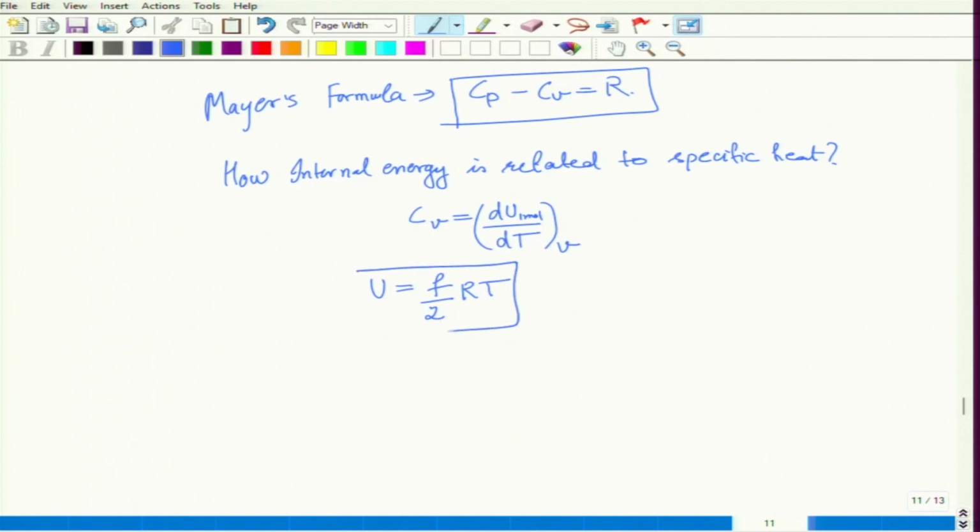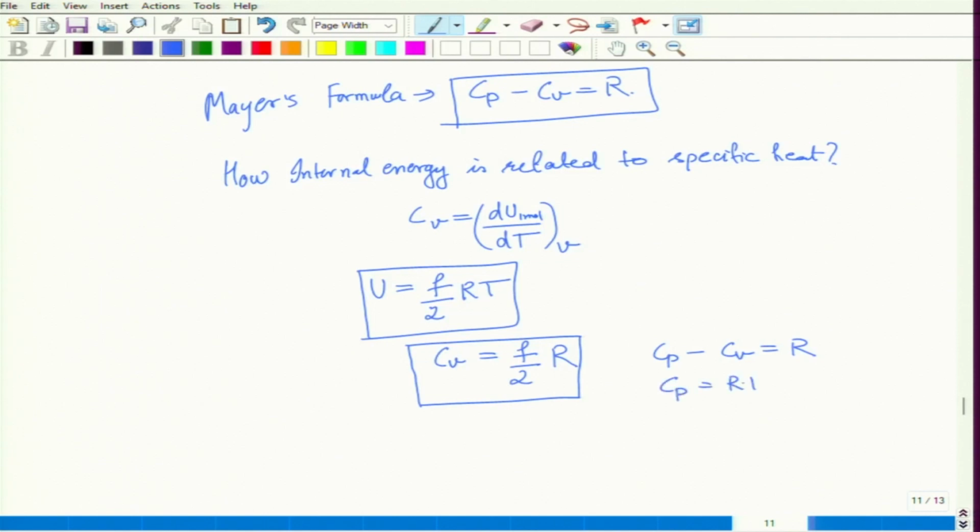So U is f by 2 RT, and so Cv is f by 2 R. And from Mayer's formula we can get Cp also. Cp minus Cv equals R, so Cp is nothing but R plus Cv, and that is (f by 2 plus 1) R.